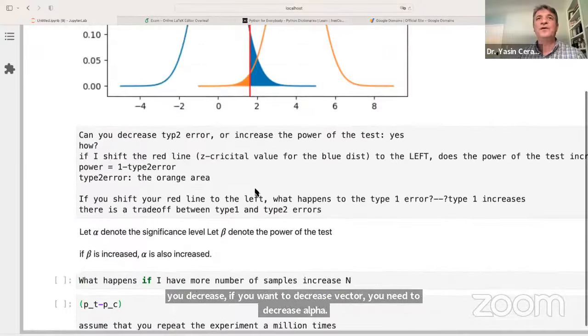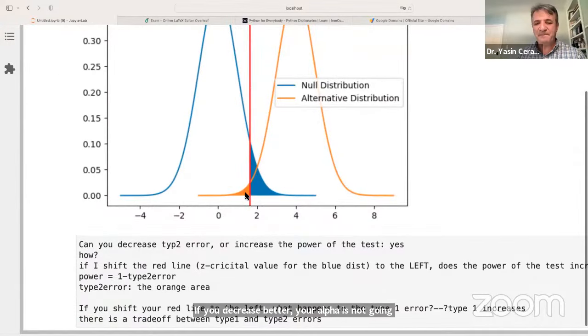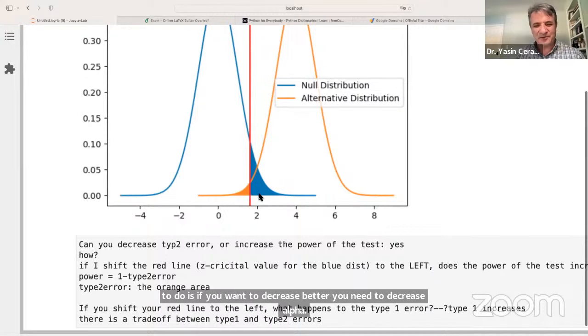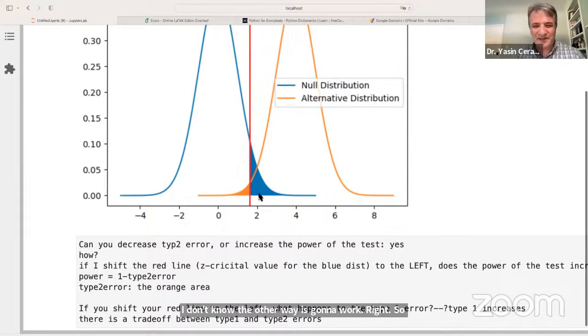When you decrease beta, your alpha may not change, right? So one way to do it is, if you want to decrease beta, you need to decrease alpha. I don't know if the other way is going to work, right? So I need to think a little bit about that, Engin.